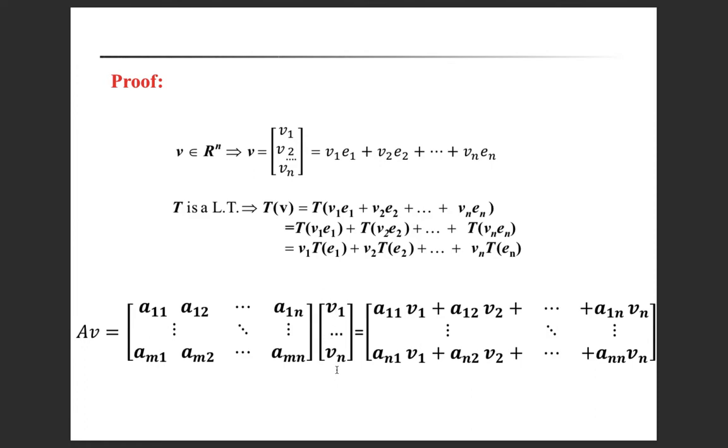By usual matrix multiplication, we multiply the elements of the first row with the corresponding elements of the first column. So A11 into V1 plus A12 into V2 plus ... plus A1n into Vn.